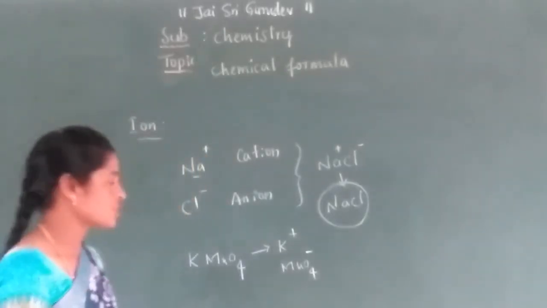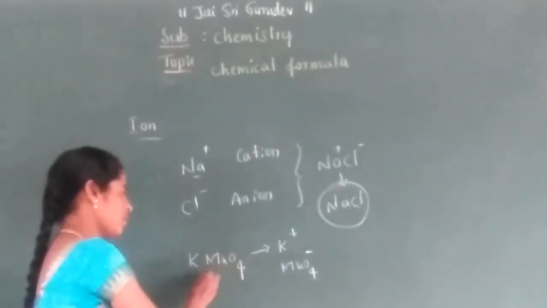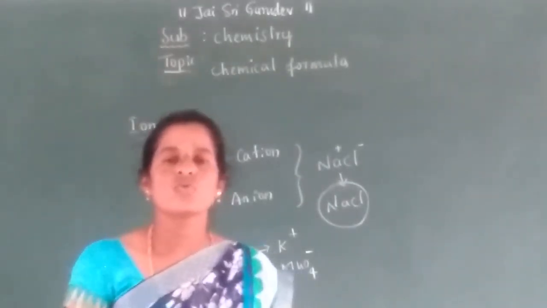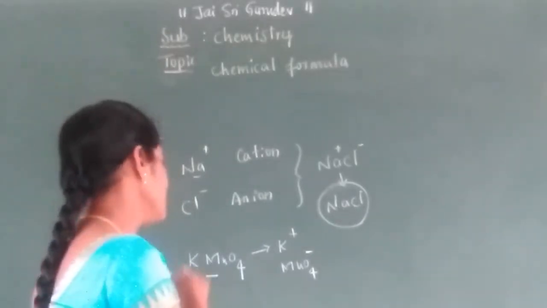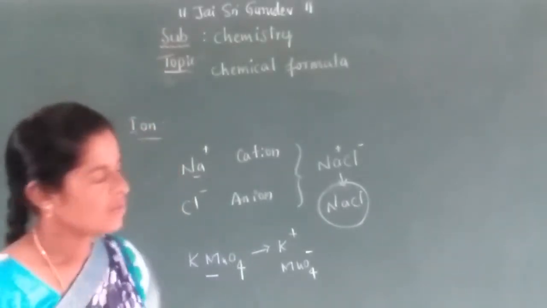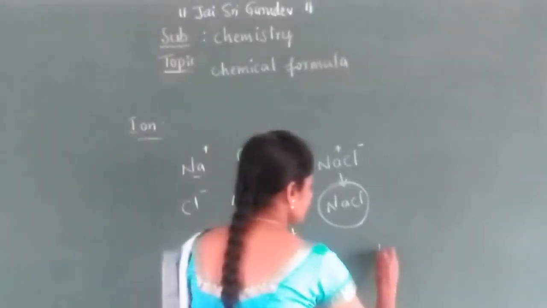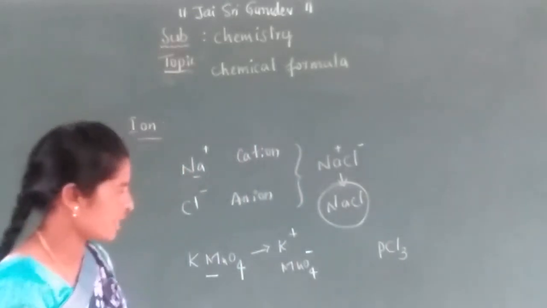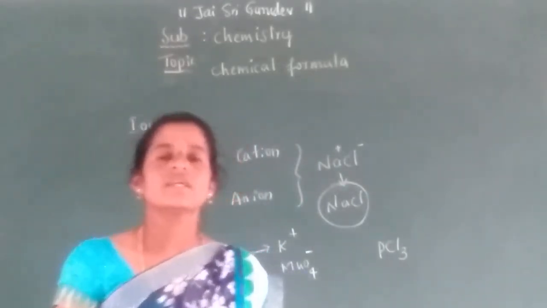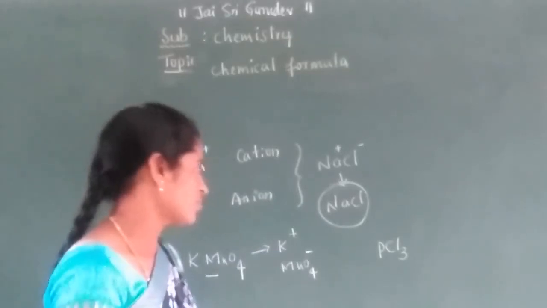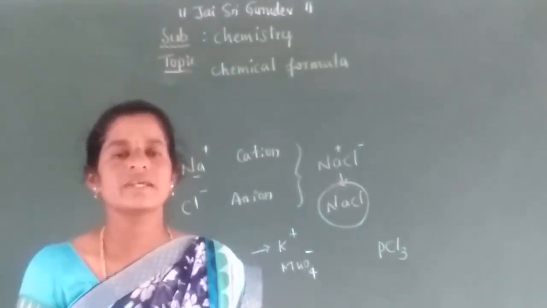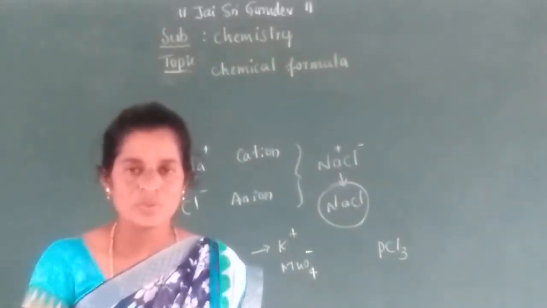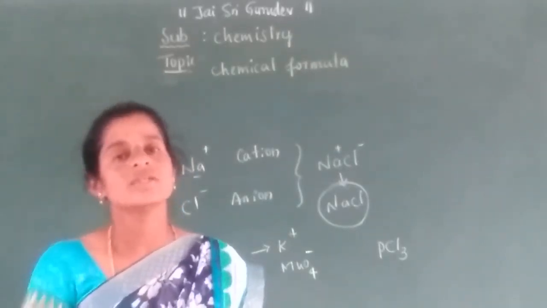Hence while writing the potassium permanganate formula KMnO4, we always write K first, later MnO4 minus, because it carries a negative charge. And one more, PCl3. The first, P, carries a positive charge and Cl once again is a negative carrier. Because of that, we write P first, later Cl minus 3. So this is how we write the chemical formula for different compounds based on their charges.